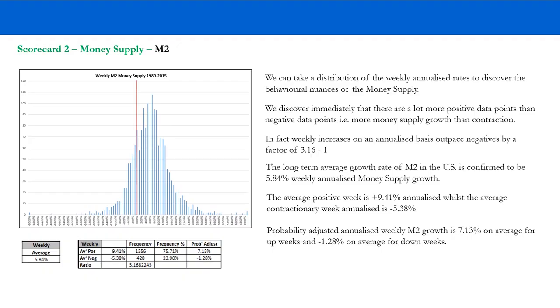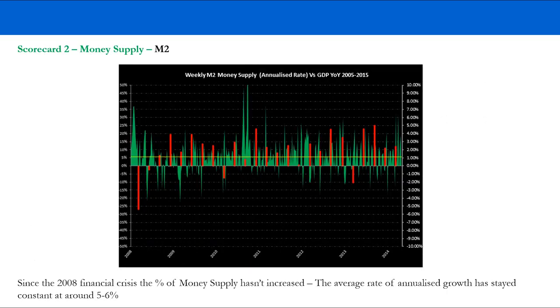Well, it's pretty straightforward. There's obviously a couple of things going on there. If we go back to the previous screen, firstly, after the financial crisis, there was obviously a big deflationary period during and coming out of the financial crisis. And the Federal Reserve can actually do one or two huge weeks.